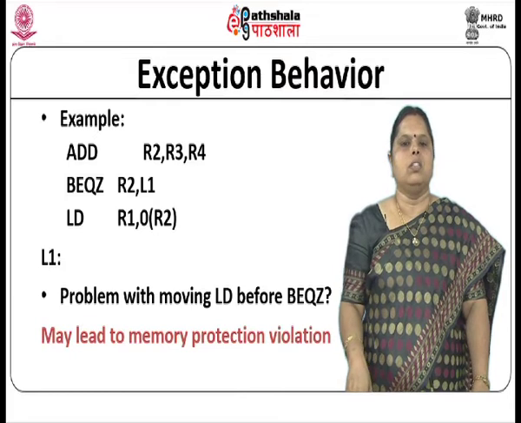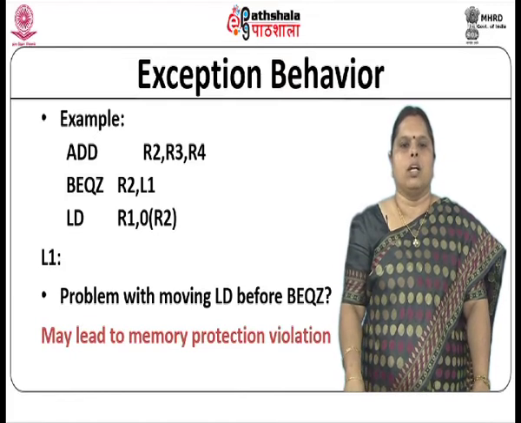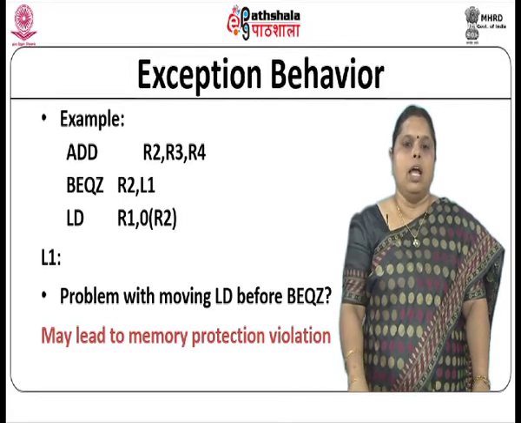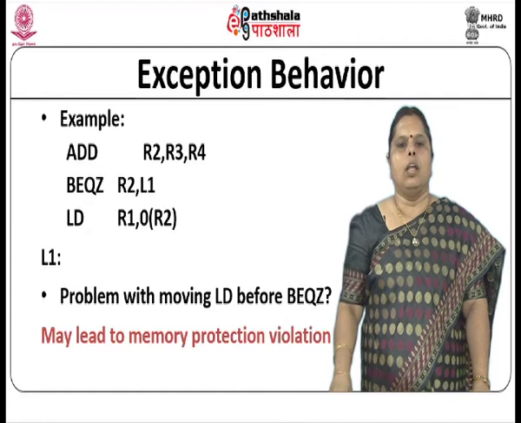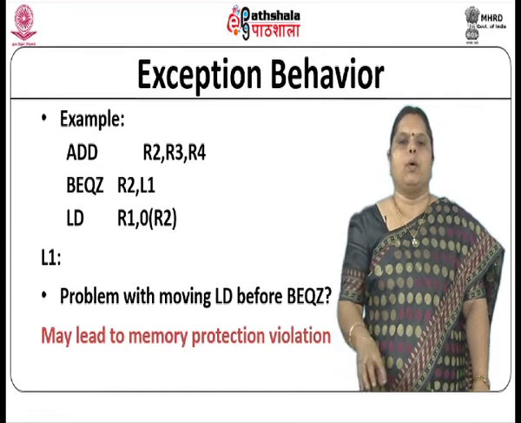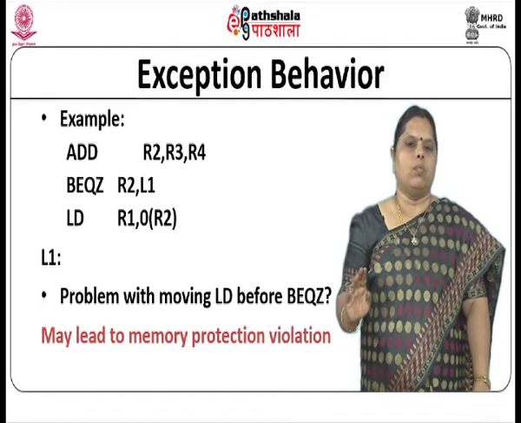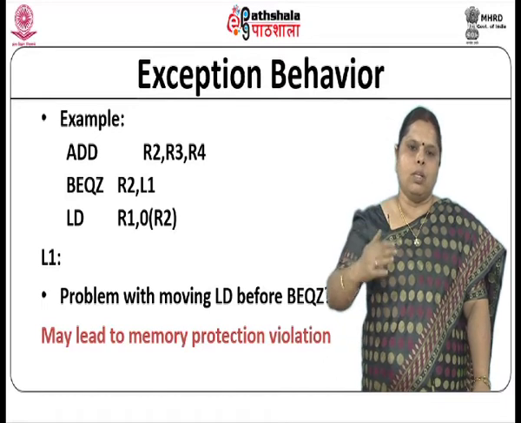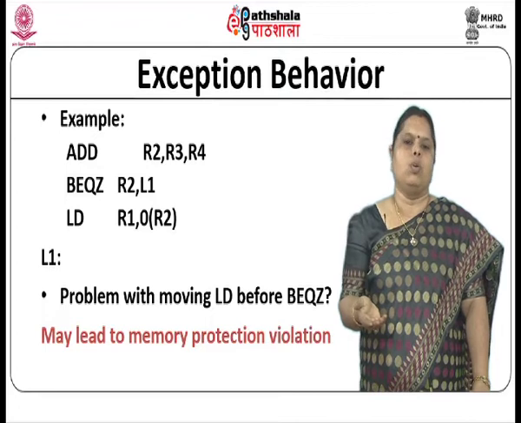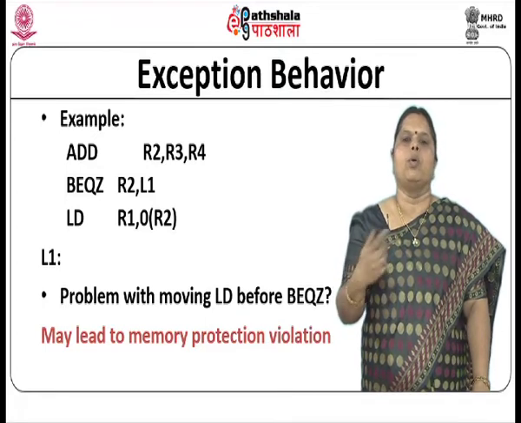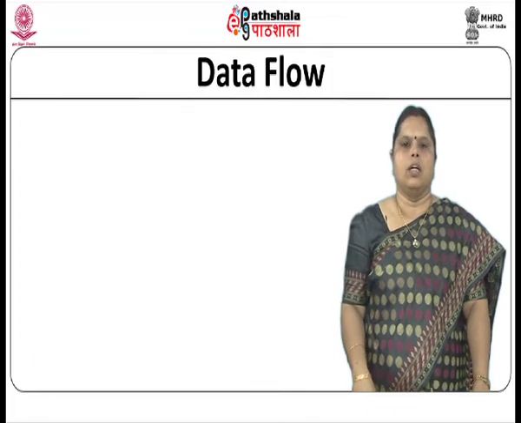This is a typical problem of control dependence which will have to be handled. You can't just shift the load instruction ahead of the branch and land up with a memory protection violation. If you had executed in the proper flow, this exception would not have been generated. Just because you are moving it to a different location, you can't raise this exception unnecessarily.